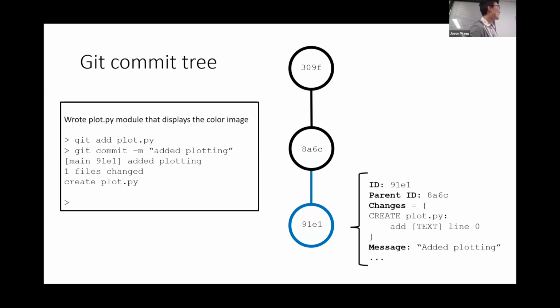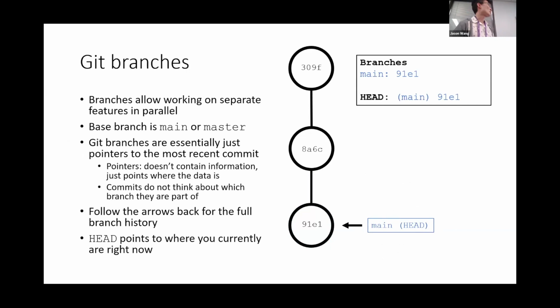This is a one directional timeline. We start from 91E1 and then we go back to 8A6C, then to 309F. We have all the changes, and so we know how we can build all the code in our repository. It's the whole list of changes that records the entire history of the repository to know how to get to our present state. Okay, so now let's talk about alternate timelines, which is Git branches.